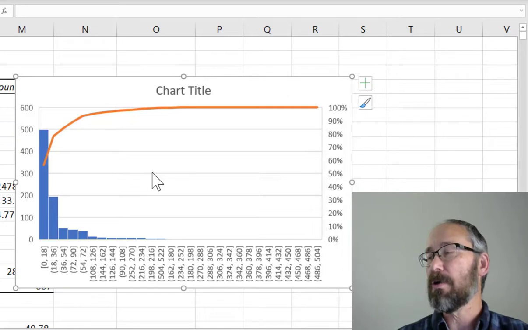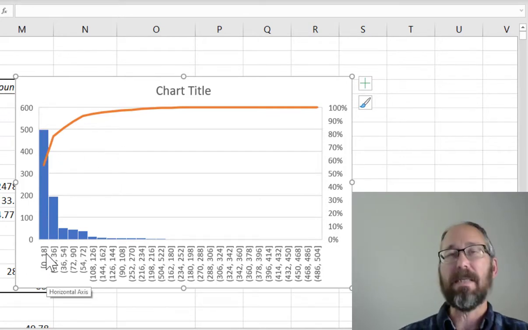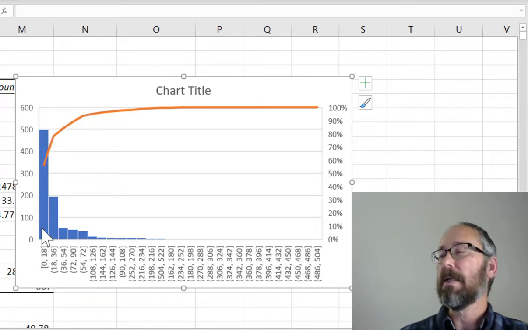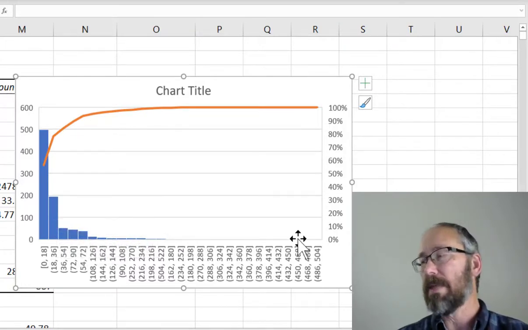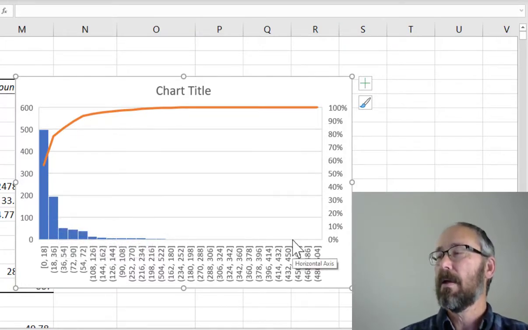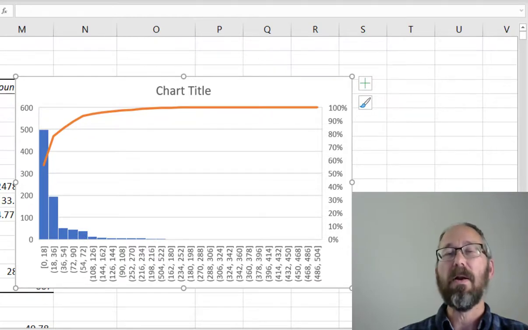First of all, notice that this is nowhere near what a normal distribution would look like. We have our peak here at the 0 to 18 pound range. And in fact, wow, our percentage is nearly 100% by the time we get out here, but we have values out there on this long right-hand wing, we've got lots of values out there.